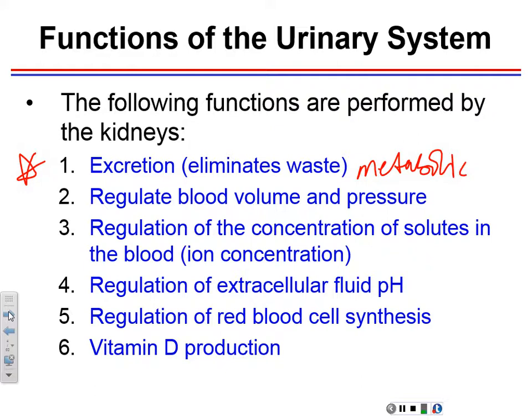The kidneys filter all your blood about 60 times in one day, in 24 hours. You can imagine somebody who's having kidney failure and waiting for a donor, having to go to dialysis. They spend quite some time doing that, getting the waste removed. So it's a very big function of the kidneys.